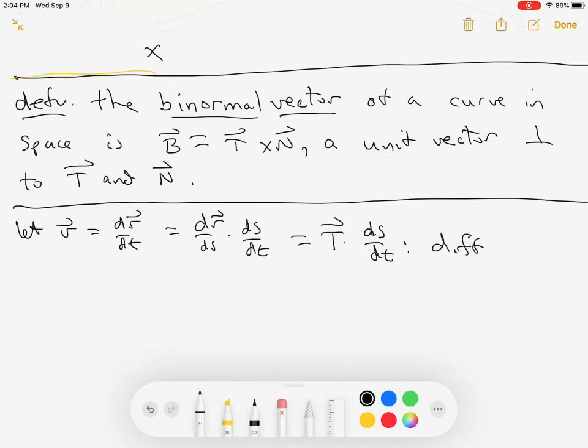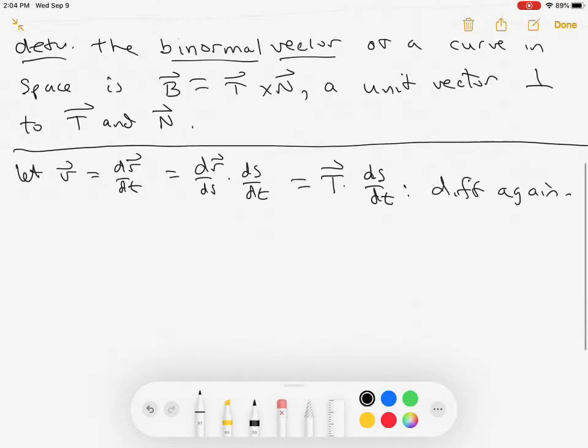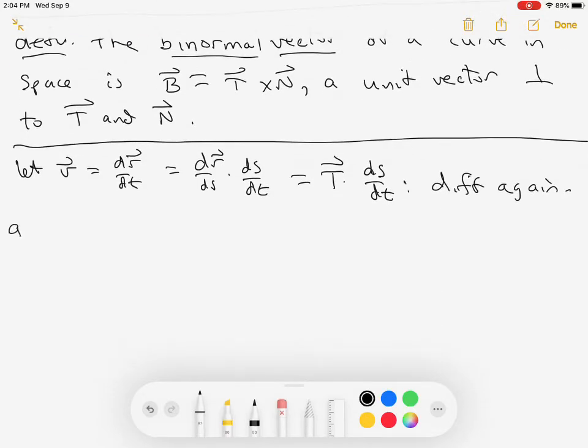So we're going to differentiate again here. And when you do that, you get the acceleration vector, which is dv/dt. Follow along closely here. Now I'm going to take the derivative with respect to t of dr/dt, which from the right-hand side here is this times that. Okay?